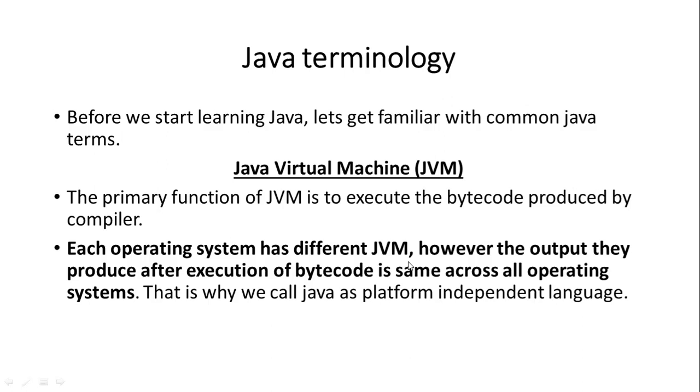If we write our program on Windows and compile it, and then want to run that bytecode on Linux, we can execute it because each operating system has its own JVM. For Linux there is a Linux JVM, for Windows there is a Windows JVM. So that's why bytecode can be executed on other platforms, and it makes Java platform independent.